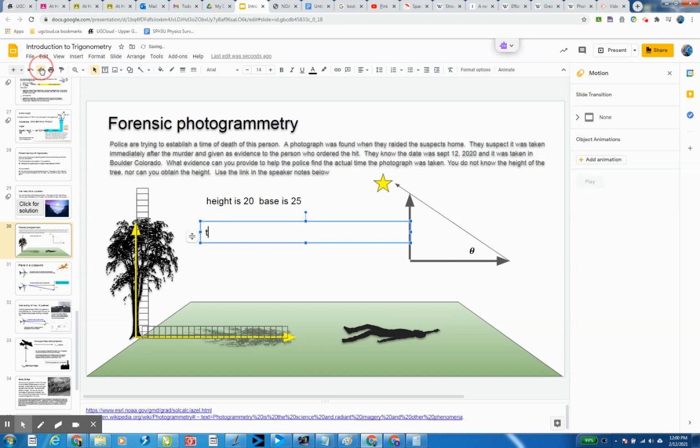Keeping it simple, without getting too fancy with my math layout, the tangent is 20 over 25. Don't do that in your calculator. Reduce a fraction if you see it. That's the actual number you're going to put in your calculator.